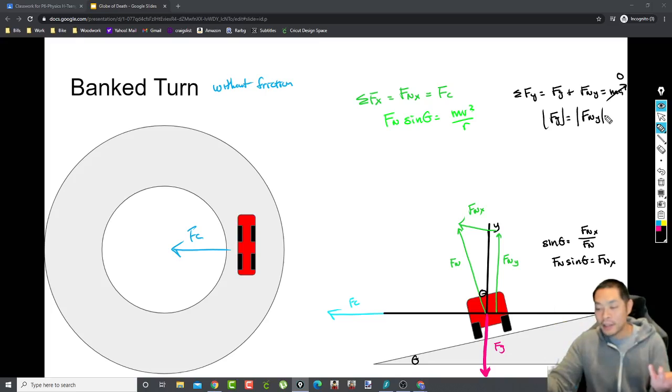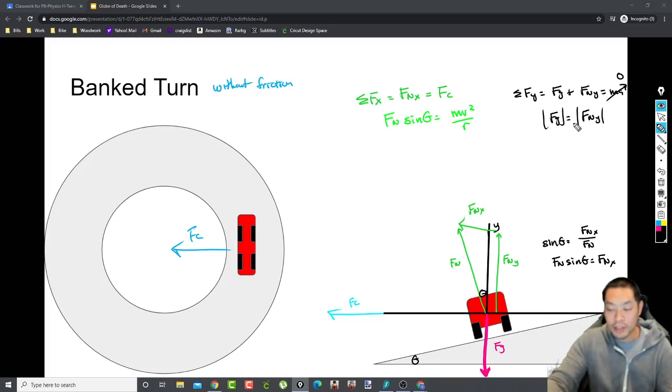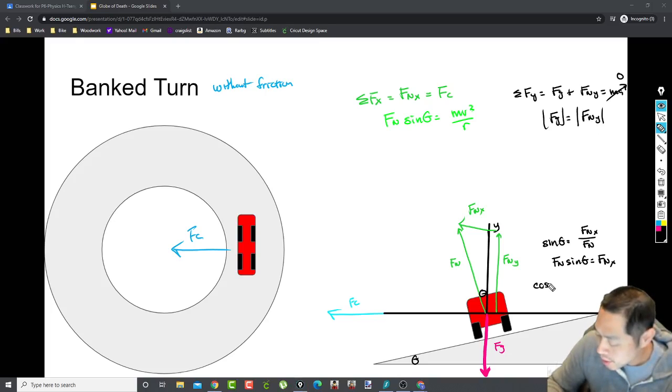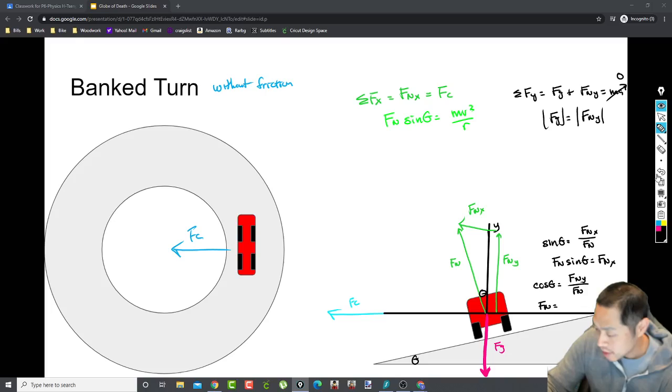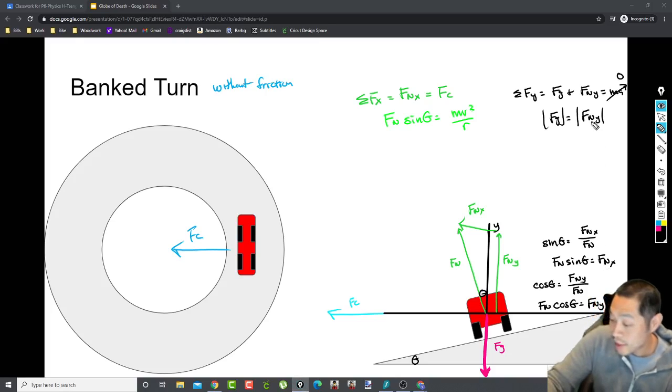Now you go, okay. That's not useful in this equation, so I'm going to have to use my other trig identity. Cosine theta is equal to adjacent Fny over Fn. So Fn cosine theta is equal to Fny. So I'm going to substitute that over here.